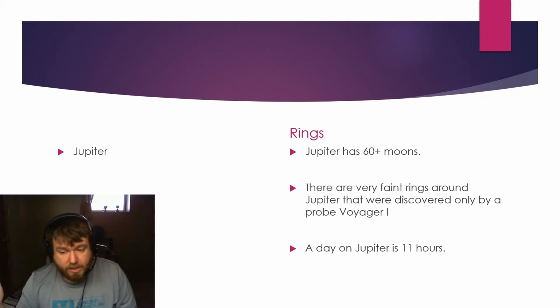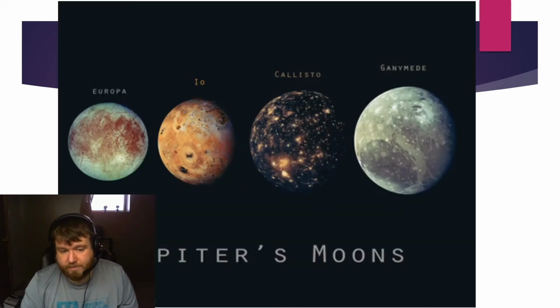So Jupiter is spinning very fast. You know, it takes Earth 24 hours to make one full rotation. But Jupiter only takes 11 hours, and it's 11 times the size of Earth. So Jupiter's spinning real fast.